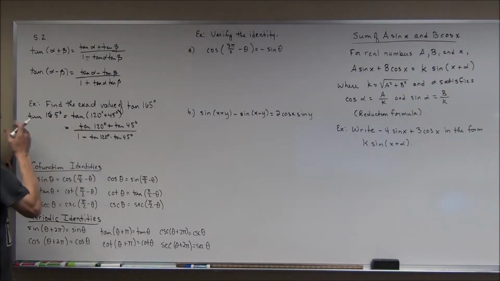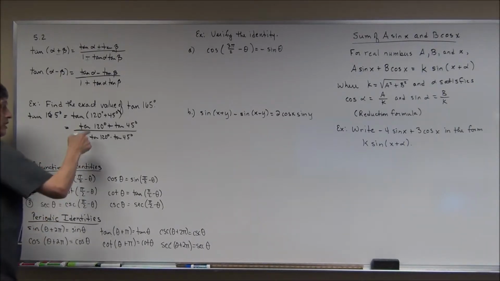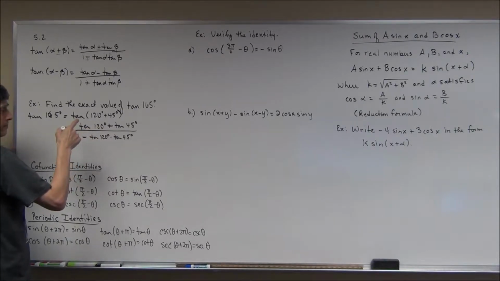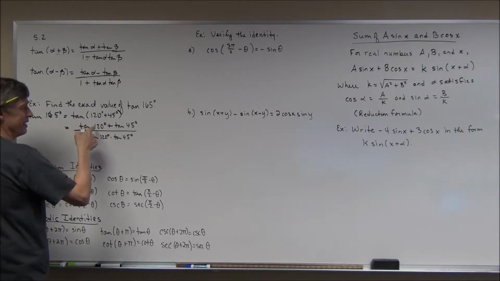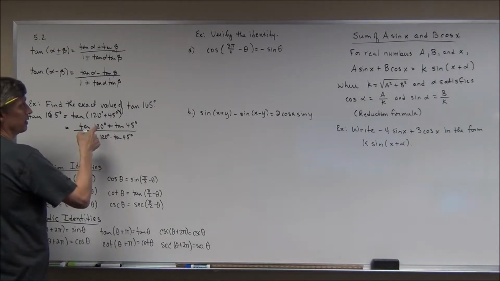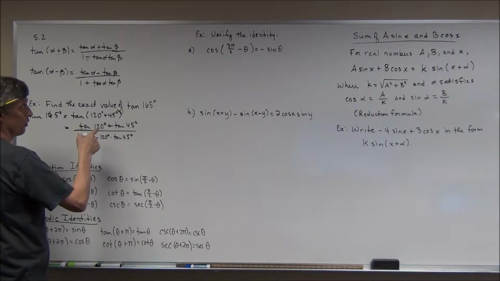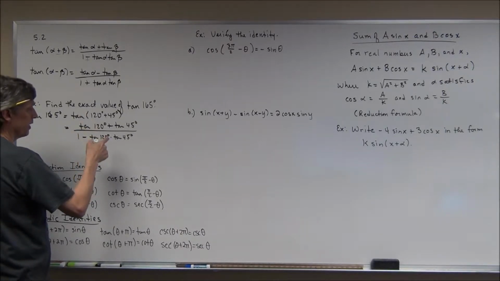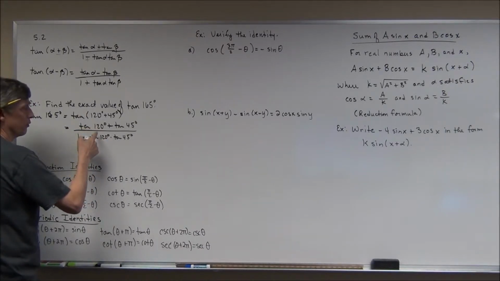The tangent of 120 degrees is in the second quadrant, so it's negative. Tangent is sine over cosine, so this is square root of 3 over 2 all over negative 1/2, so that'd be negative square root of 3.